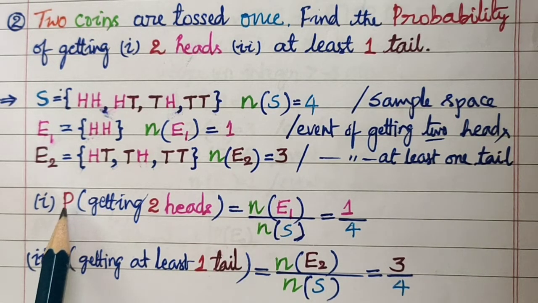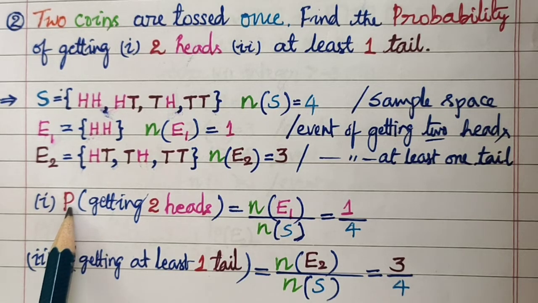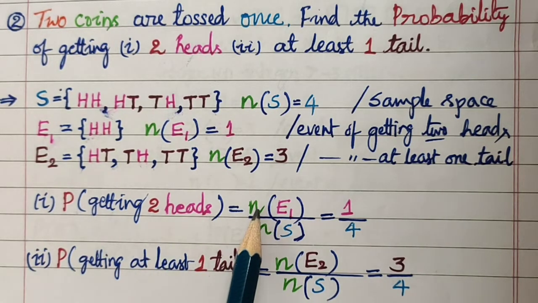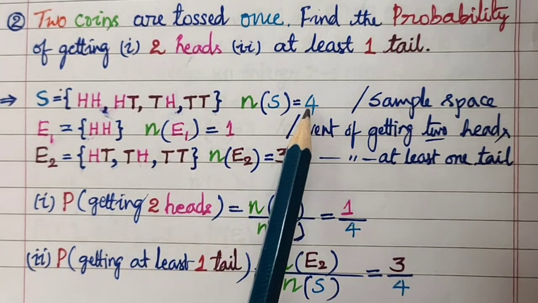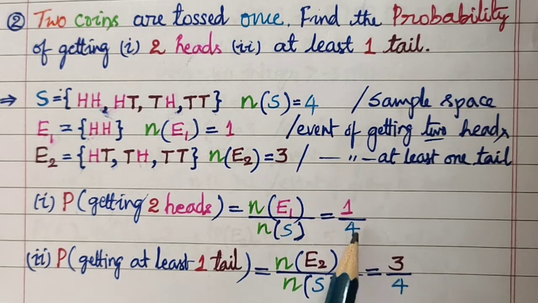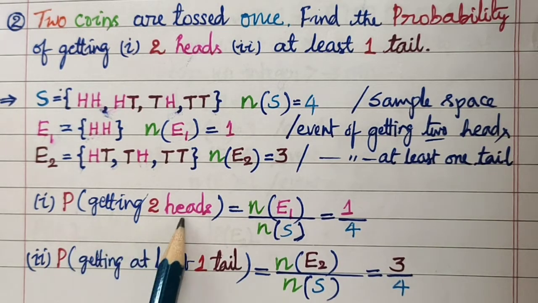P of E1, that is the probability of getting two heads, is equal to N of E1 divided by N of S. N of E1 is 1, N of S is 4. So the probability of getting two heads is 1 by 4.